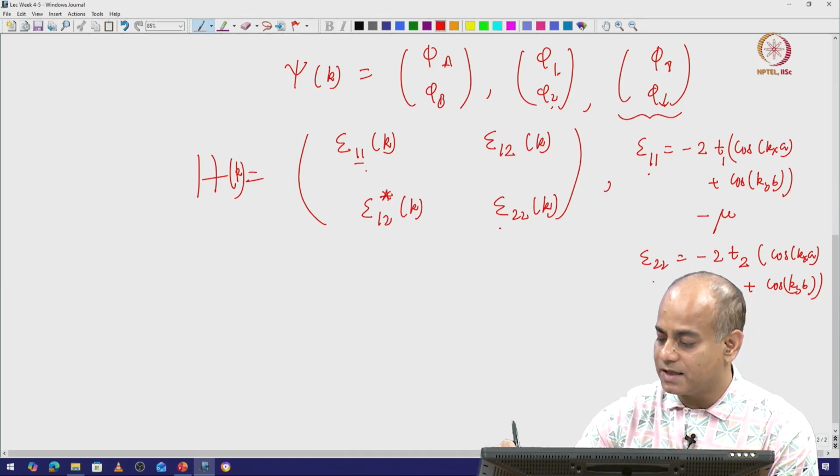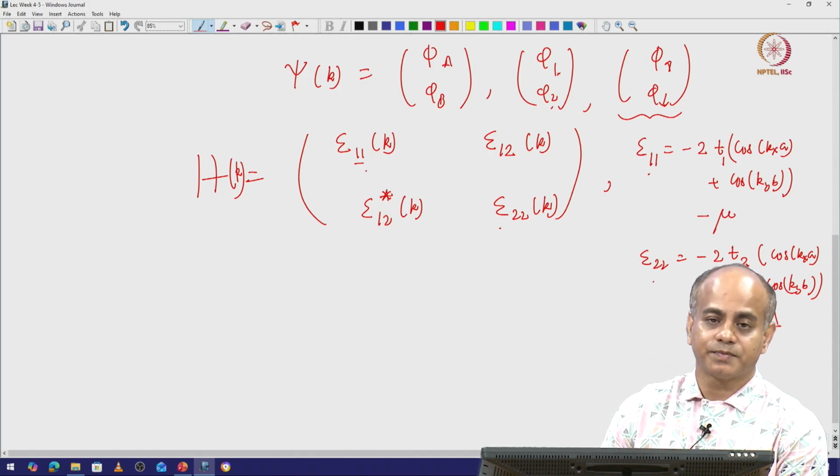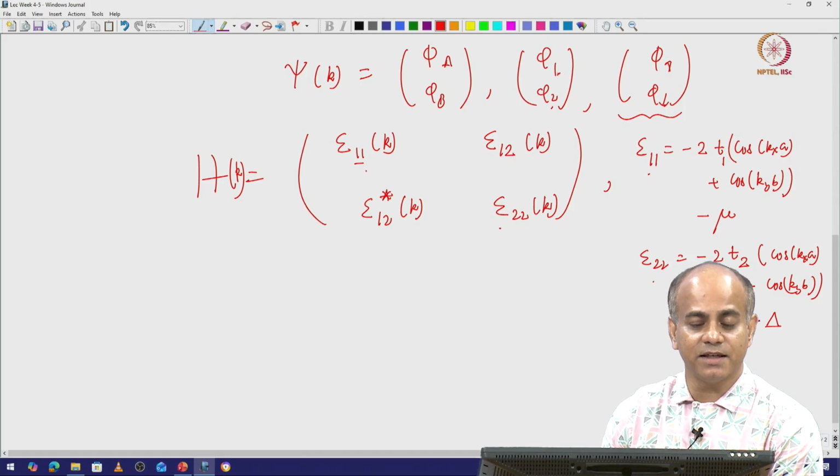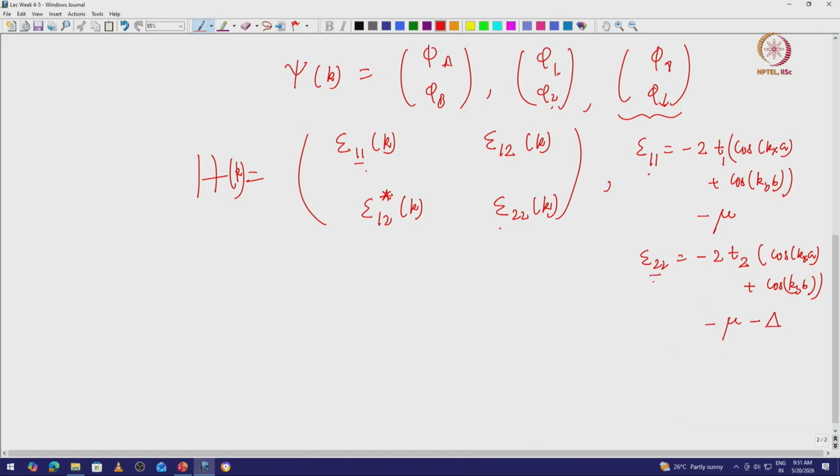But what sometimes happens is that there can be some on-site energy difference between two orbitals, because of crystal field splitting and many other reasons. That is why one would put a delta term. And same thing, maybe t prime, which can be e to the power i kx a plus minus e to the power minus plus i ky b.